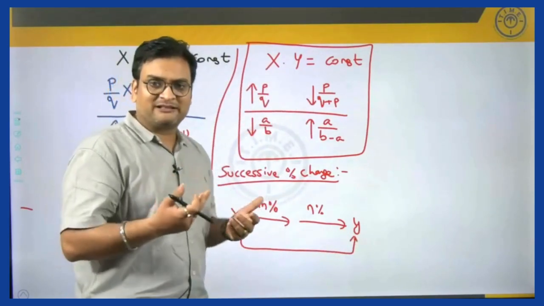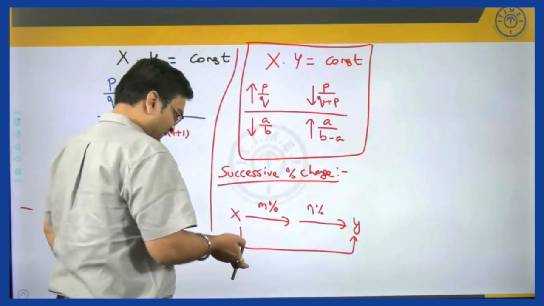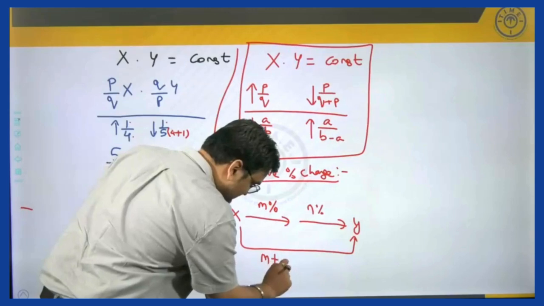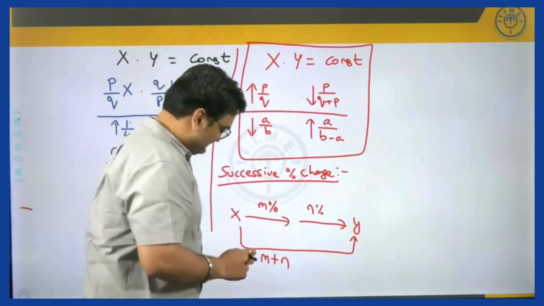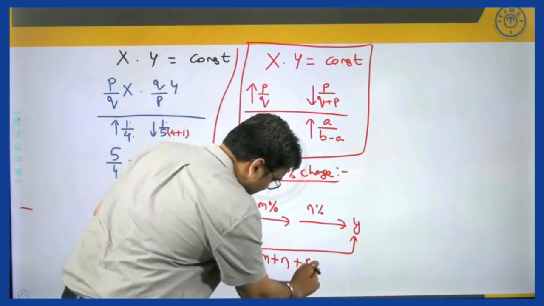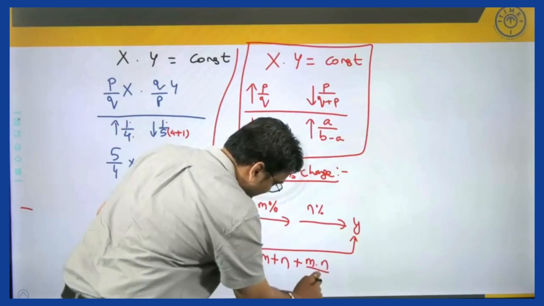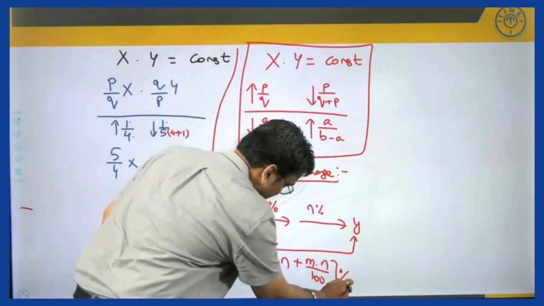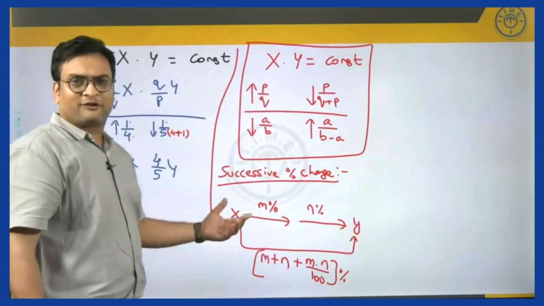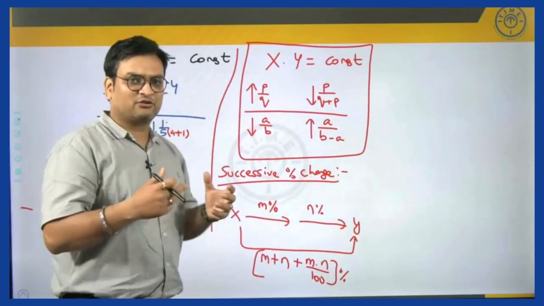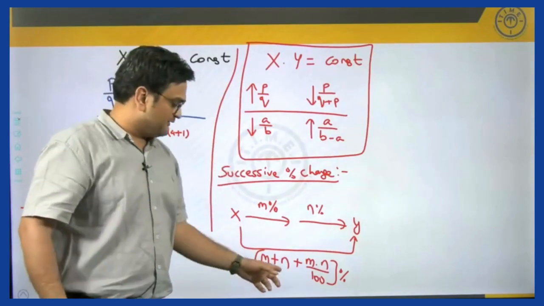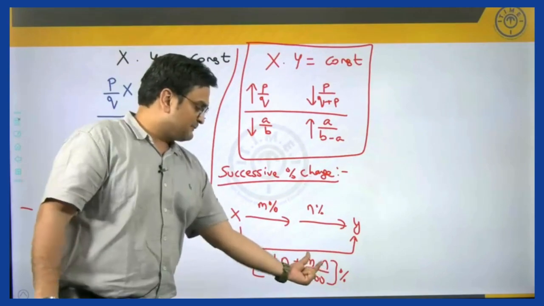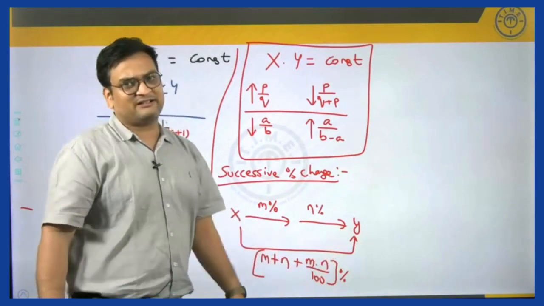So what is the overall percentage change given as? It will be given by the formula, directly I am writing it, no need to prove it: the sum of the two, m plus n, plus m into n by 100 percentage. So overall the successive percentage growth, or the cumulative growth, will be given like this: m plus n plus m into n by 100, sum plus product by 100 percentage.